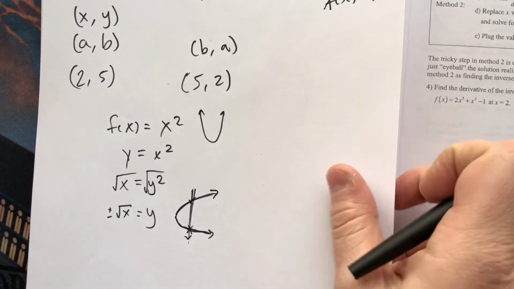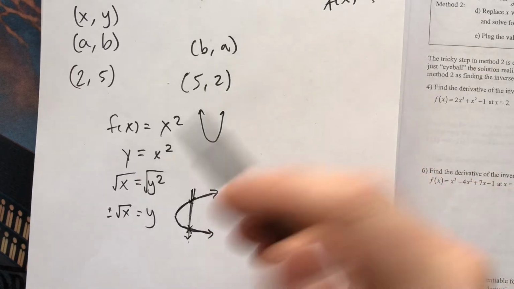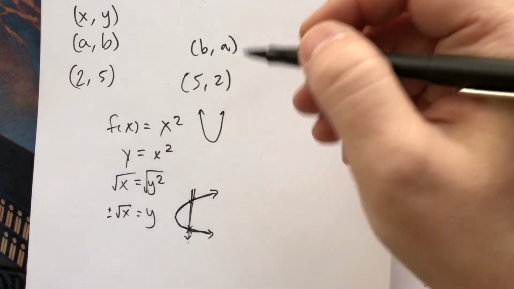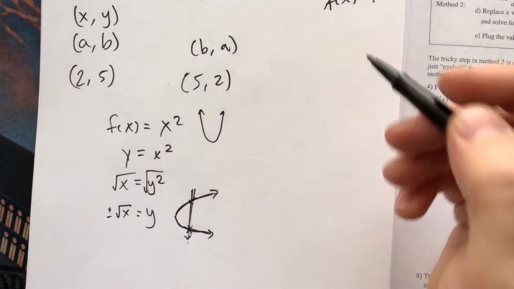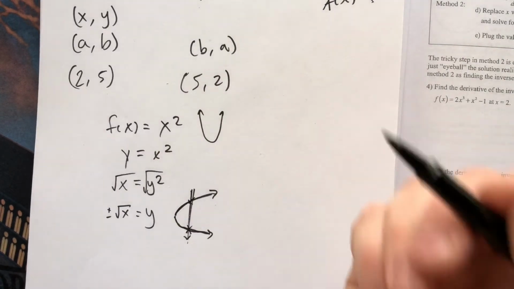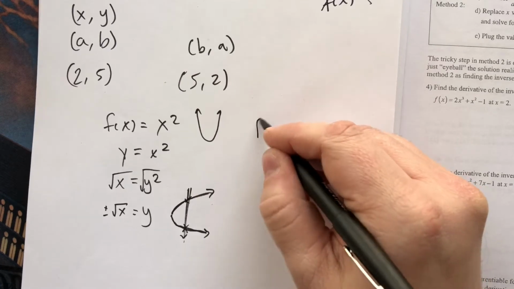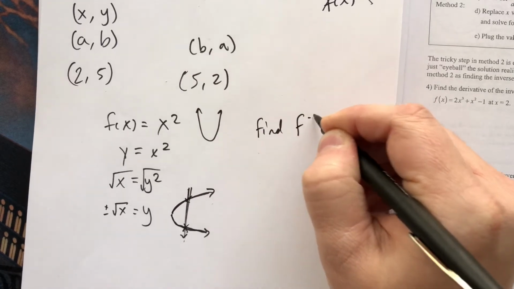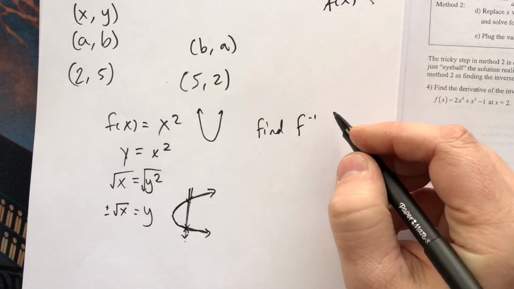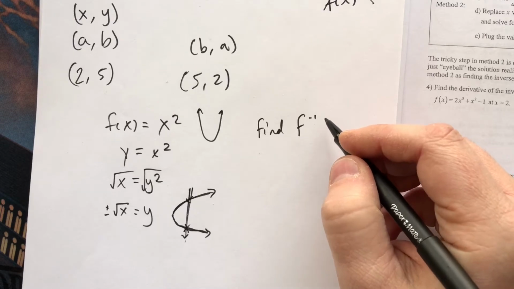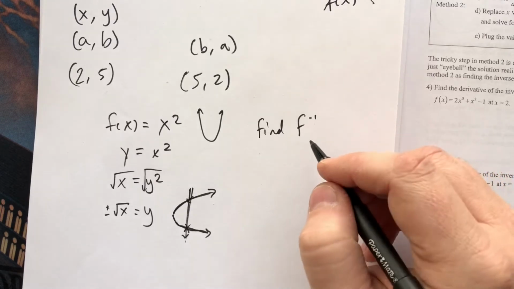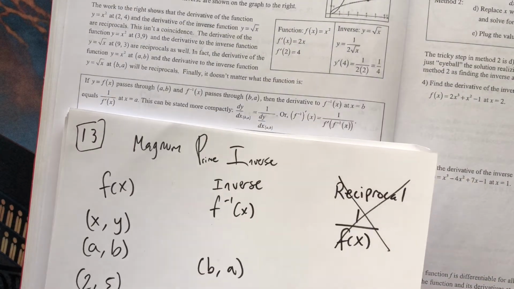So one way we can find the derivative of an inverse is to calculate the inverse and then take the derivative of said inverse. So if I said find f inverse prime, how do I write the notation? I always forget where the prime goes.